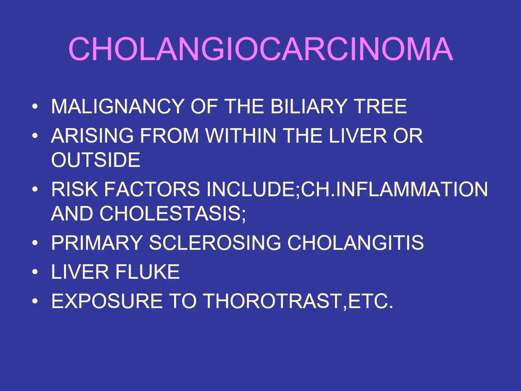Cholangiocarcinoma is a malignancy of the biliary tree arising from within the liver or outside. When it arises in the liver, it may mimic or be confused with hepatocellular carcinoma. Very briefly, the risk factors include chronic inflammation and cholestasis, especially ascending cholangitis or sclerosing cholangitis, liver fluke infestation, and repeated exposure to thorotrast, the dye used in studies of the liver.